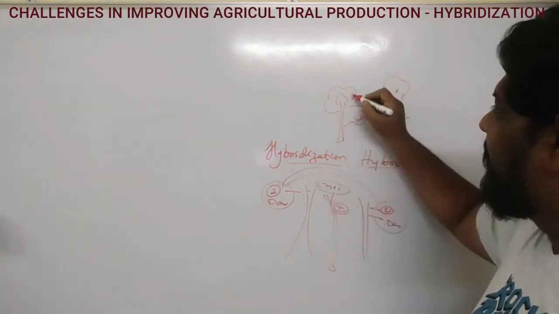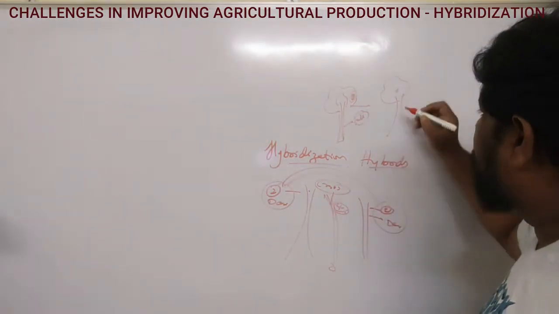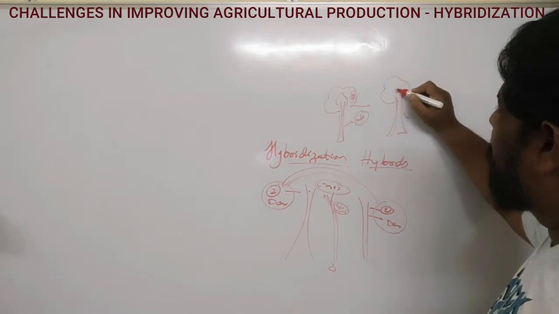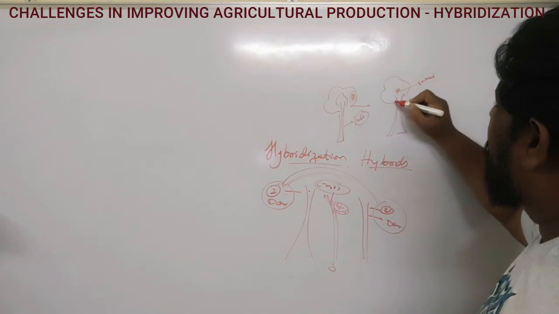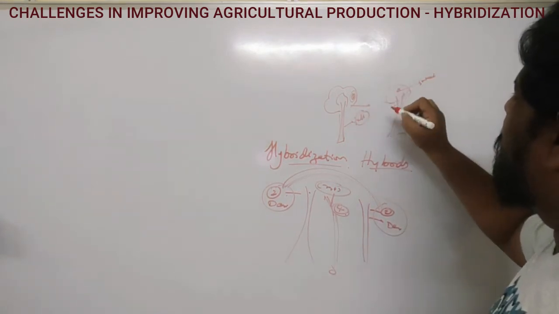It's a fleshy fruit, but it's not sweet. Here, this is also a tree. It also gets fruits, but this fruit is not that fleshy, but it is sweet, and the tree is not that tall, it is a bit short.